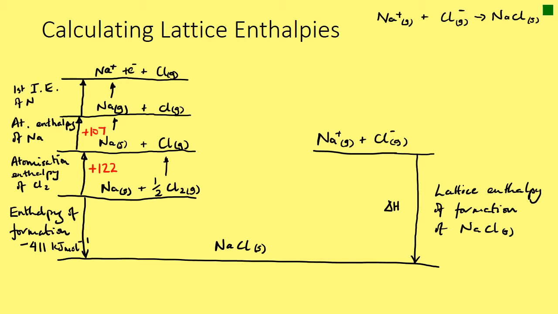because we're just taking off 1 electron, and a mole of those electrons costs us 496 kilojoules per mole. So now, if you look at the top of the Born Haber cycle, we have sodium ions, and we've extracted some electrons from them, and we've got some chlorine gaseous atoms.